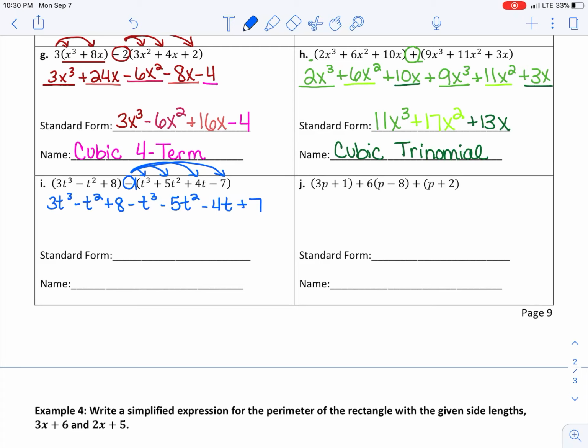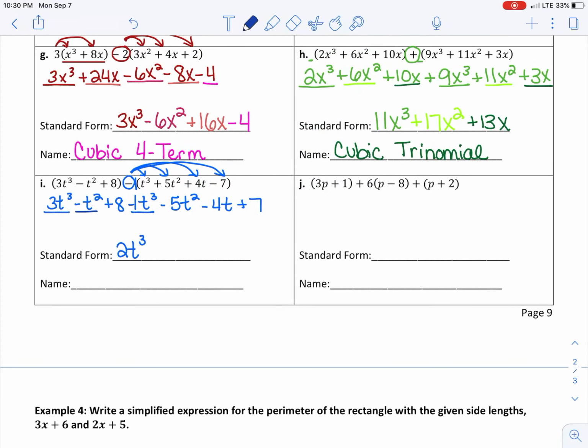So once we've done all our distributing, we can go ahead and combine those like terms. Our highest exponent is 3, so we're going to start with that. We have 3t to the third minus t to the third, which is really like subtracting 1t to the third. So we have 2 total t to the third.